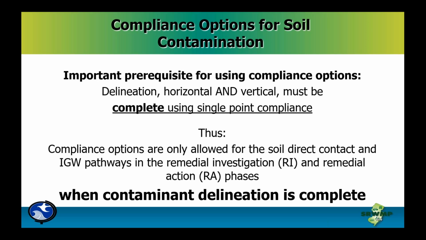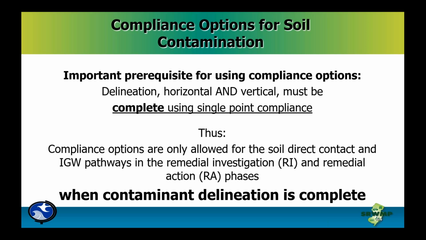All right, so the most important thing, and we'll just say it now, and it'll come up in the questions: a prerequisite for using compliance options is delineation. You need to delineate around the area that you have the exceedance, both horizontally and vertically.